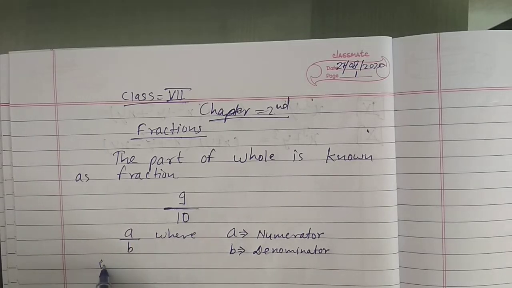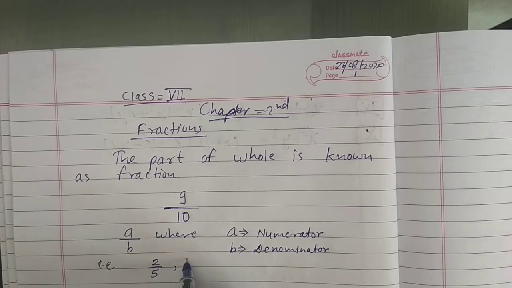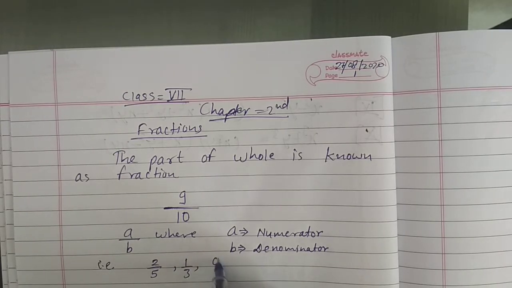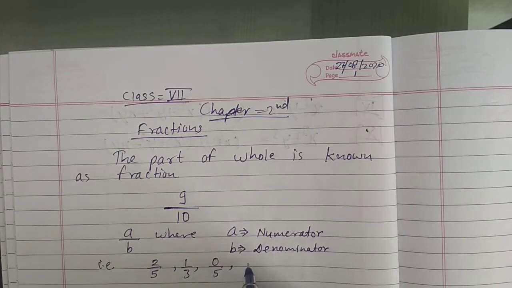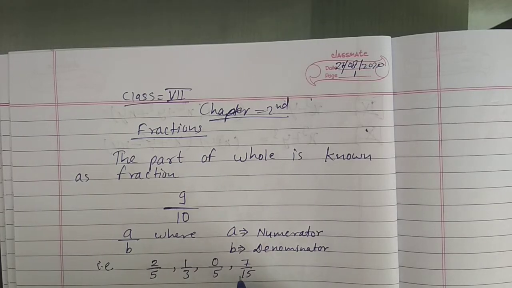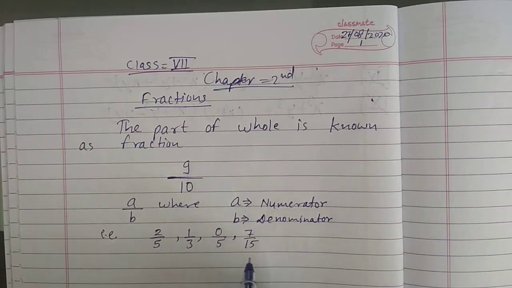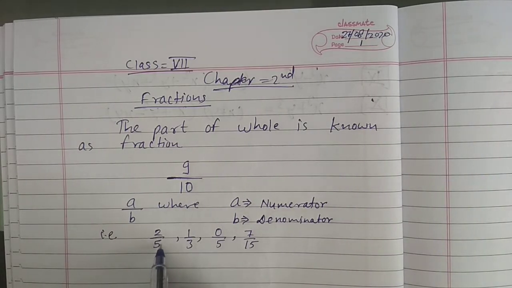For example, 2 upon 5, 1 upon 3, 0 upon 5, 7 upon 15. These are fractions. Fractions means part of a whole, the whole is 5 and 2 parts is the fraction. That means we can say 2 upon 5 is a fraction.